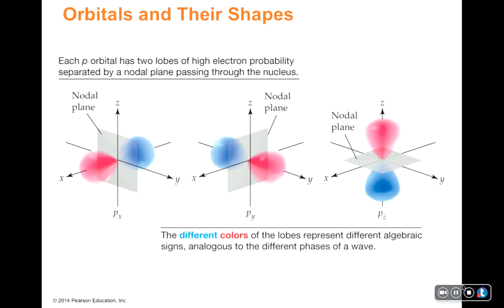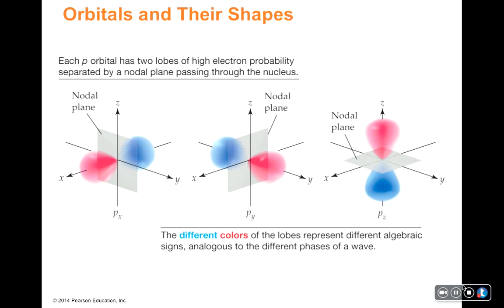P orbitals. You're looking at 3 p orbitals here. One misconception students often have is they look at, say, that px orbital on the far left and think that's representing 2 orbitals, but it's not. It's 2 lobes of the same orbital.